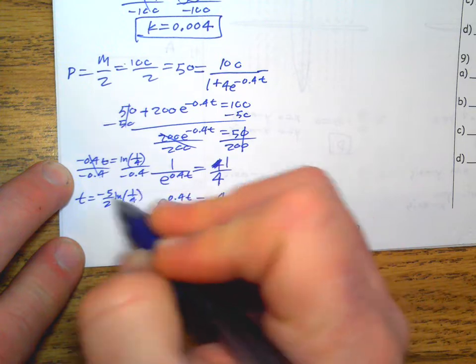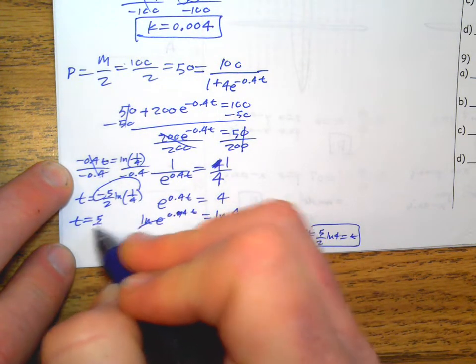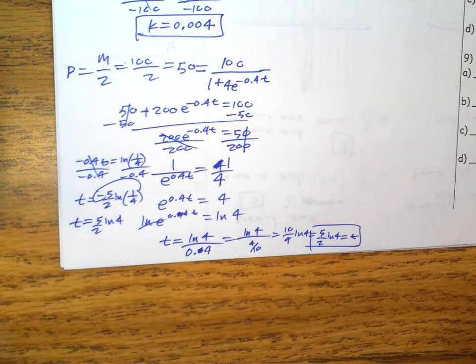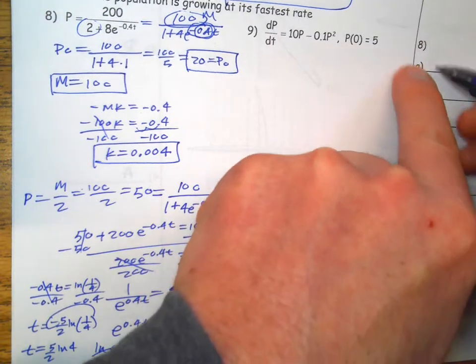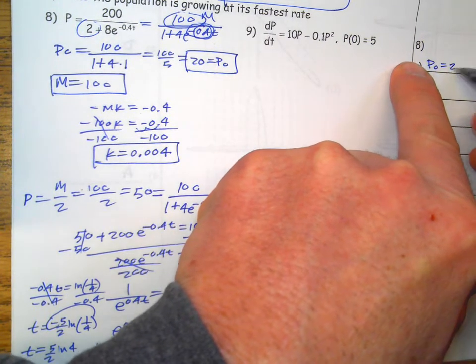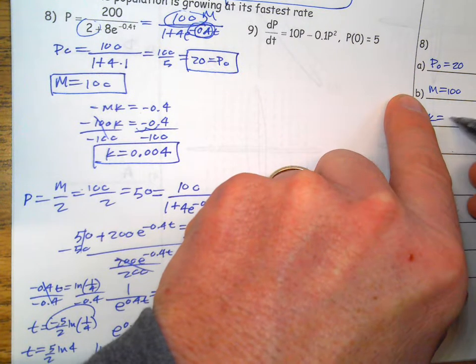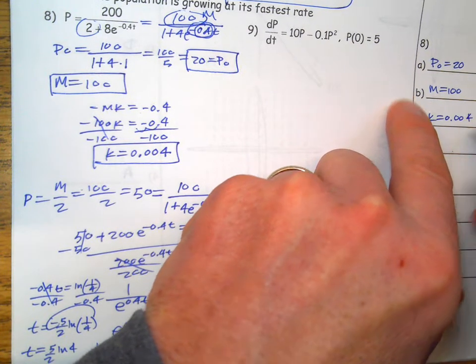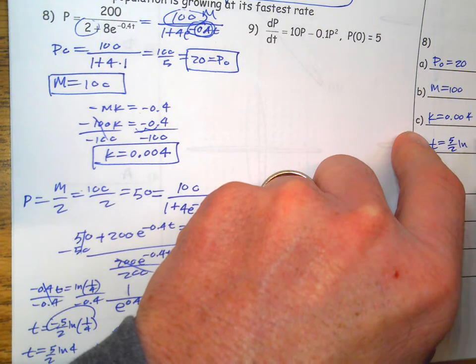Now what you could do is bring the negative inside as an exponent, and you would get our other answer, 5/2 natural log of 4. So either way. So those are your answers. P naught equals 20, M equals 100, K equals 0.004, T equals 5/2 natural log of 4.